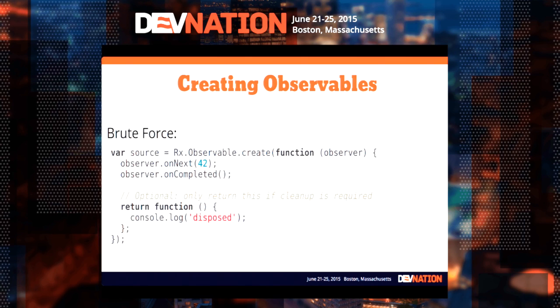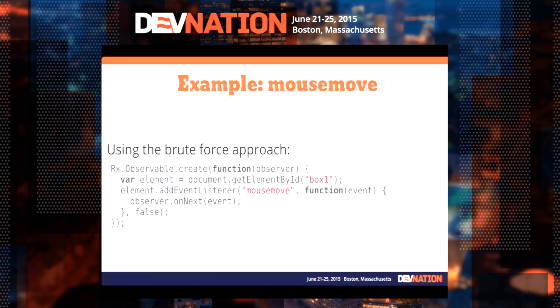So with this approach, we can take anything and create an observable out of it. Let's look at an example of doing that. Let's look at the mousemove event. Here I'll take observable create, and pass in the future observer that this will get invoked on. I get a reference to my element and add an event listener.